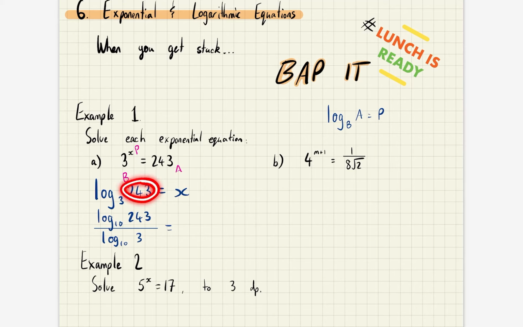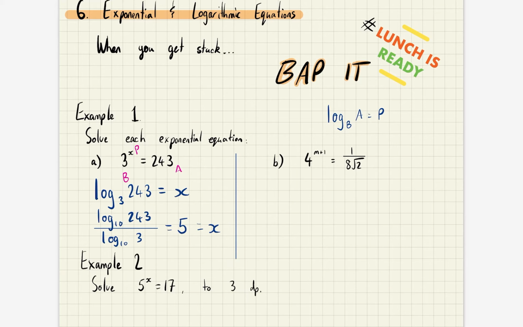The number on top goes on top and the number on the bottom goes on the bottom. When I type that into the calculator, log 243 over log 3 gives me the answer 5. So we're done. X is equal to 5.